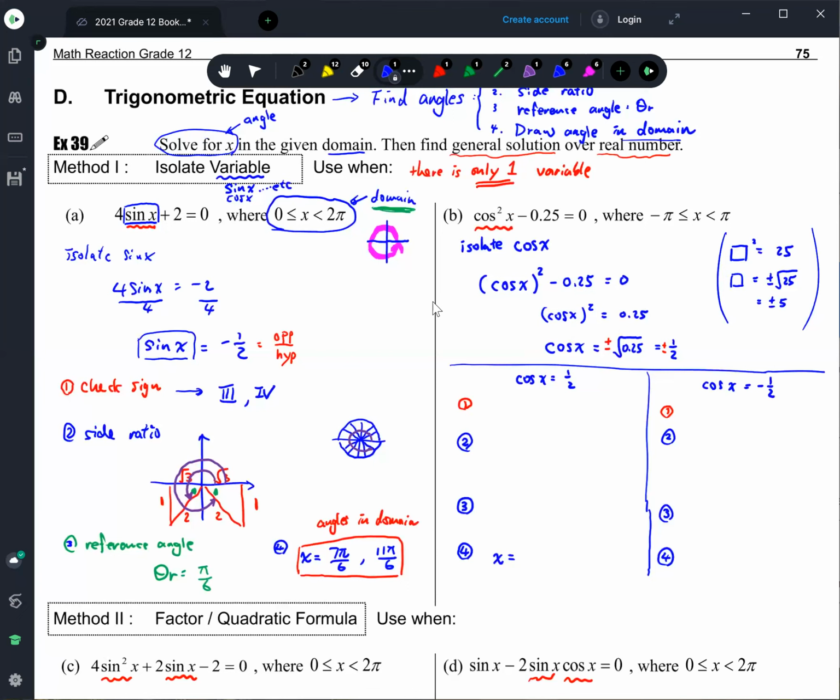Start with check sign. Think about which quadrants. Cosine positive. And then step 2, you draw the picture, find out the sides.